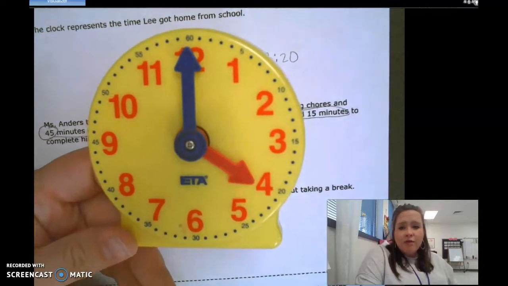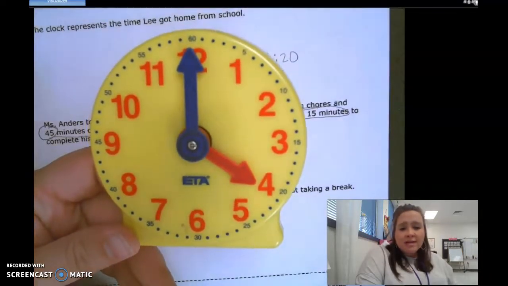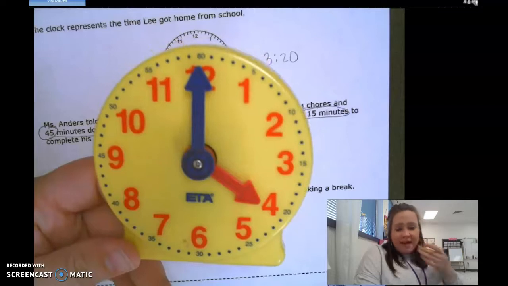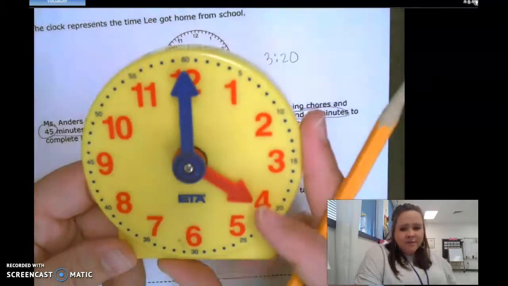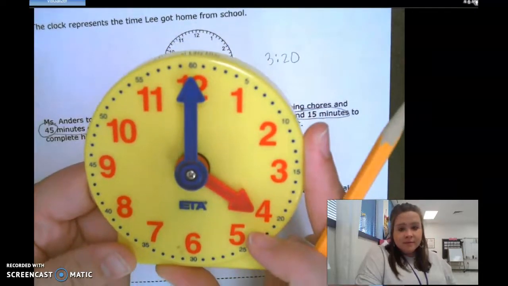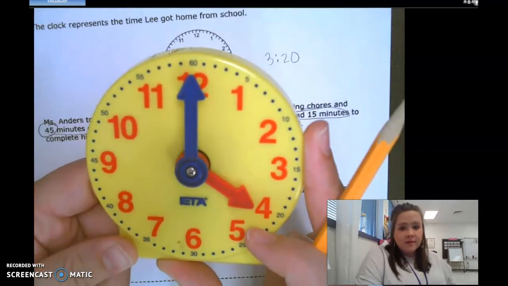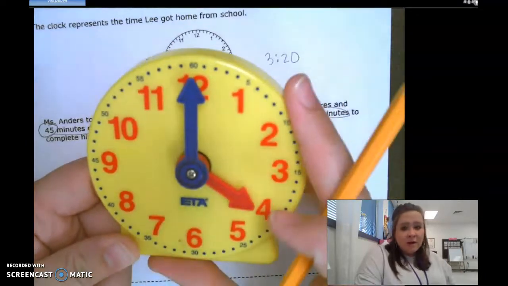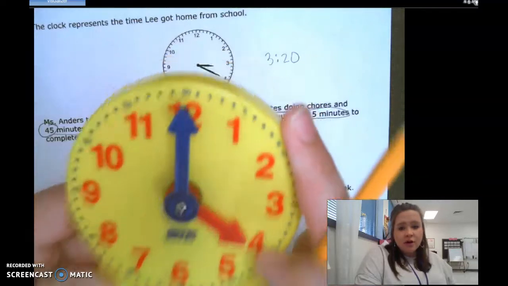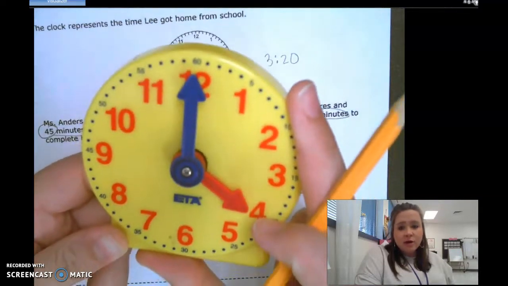If I go 45 minutes, what time am I going to land on? I want you to be doing this with your clocks, either this clock just like mine or your virtual clock.